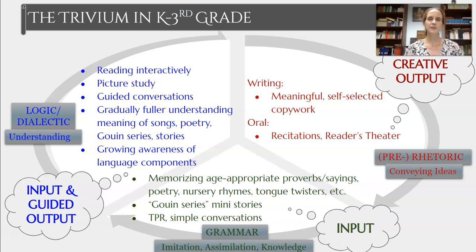So a focus on the trivium helps us keep in mind that language acquisition requires the foundation of language as input. Students need to be exposed to the language in complete sentences extensively, but they also need the interaction and the output eventually. And especially in the early grades, students are going to be much better served by using and hearing, for example, verb conjugations, than by chanting or drilling them.